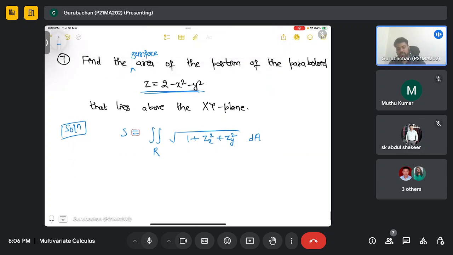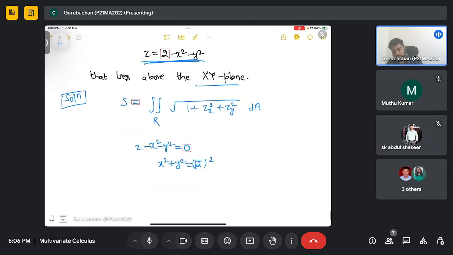And what will be the region here? Tell me. It is the intersection of the xy plane and this particular z equal to 2 minus x square minus y square. So the region will become 2 minus x square minus y square equal to 0. The xy plane means z is equal to 0. So this will give you x square plus y square is equal to root 2 whole square, that means a circle of radius root 2 centered at 0, 0.